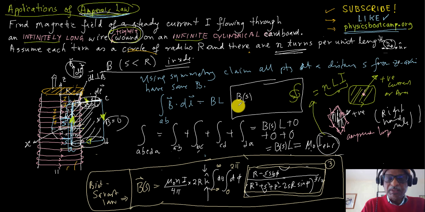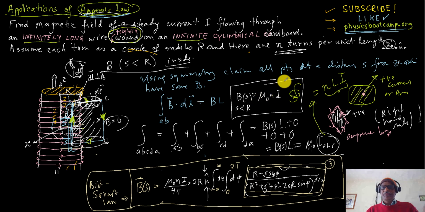So B for S less than R, when current is enclosed, is equal to mu naught n I.